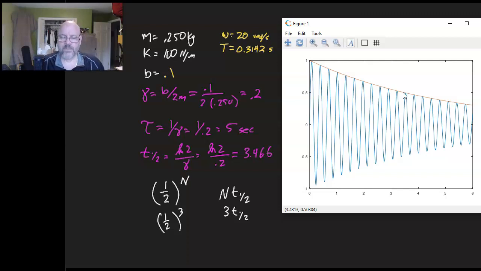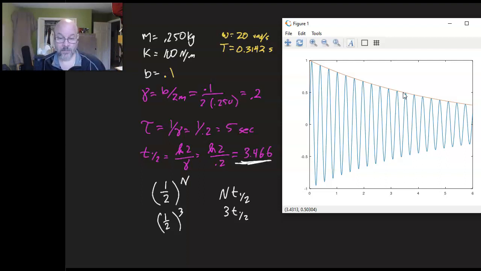Now, just one other thing I want to throw out here, because I think one of your homework questions had something like this. It's like, well, how many oscillations does it make? So we might say, for example, in 1 half-life, how many times has it oscillated? That's really easy to do. We're just going to divide by the period, because the period is how much time it takes to do 1 oscillation.